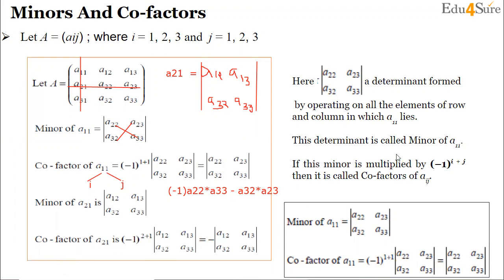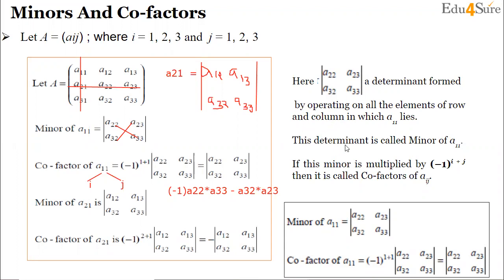Because of the -1. In that way we need to work with minor and cofactor, and it's just a part of a determinant. This is how you perform this operation, by multiplying with this element.